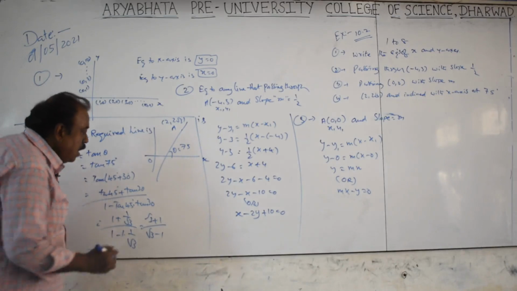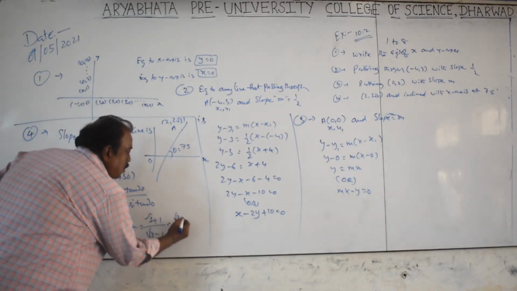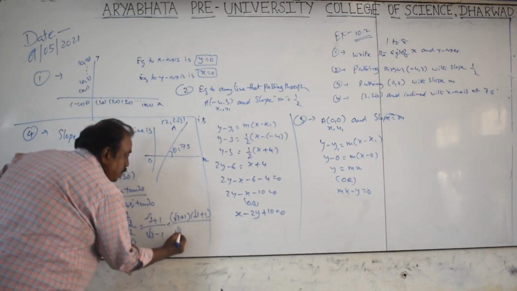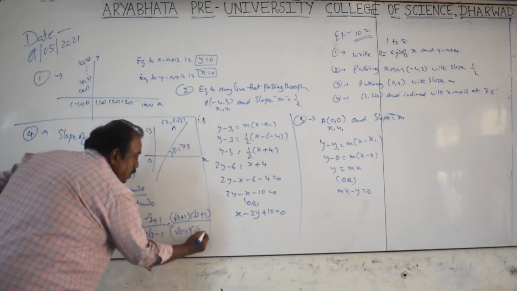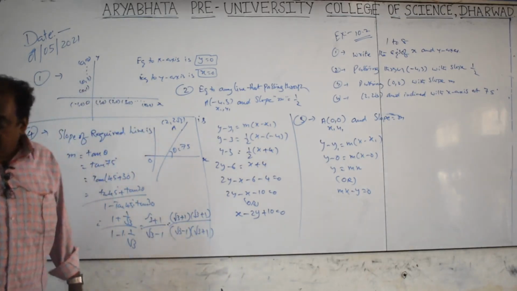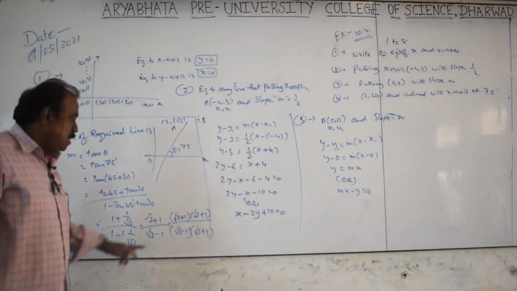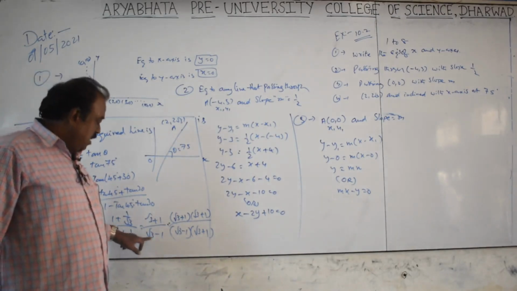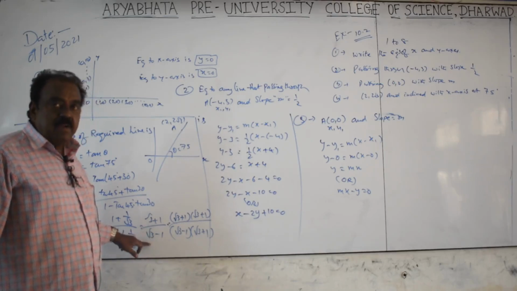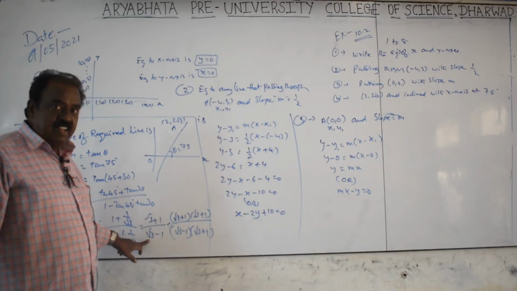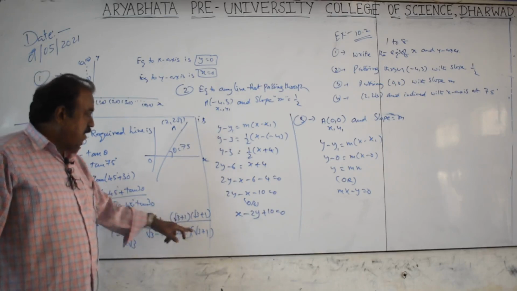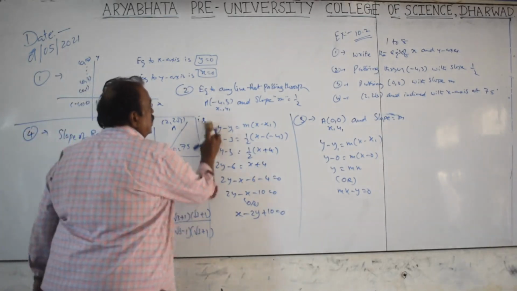Then multiply by (root 3 plus 1) in numerator and denominator. What am I doing here? The denominator is irrational, root 3 is irrational. We have to keep the denominator rational, not irrational. So in order to make it rational, we use the rationalizing factor. Okay? I am clearing this one here.